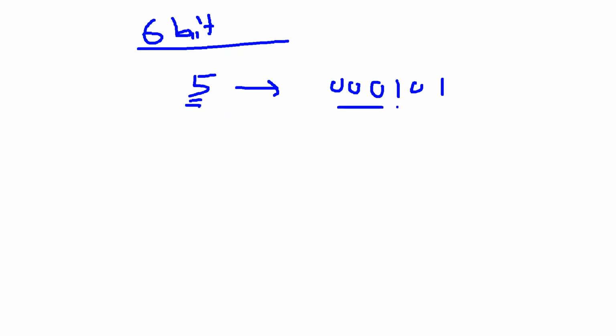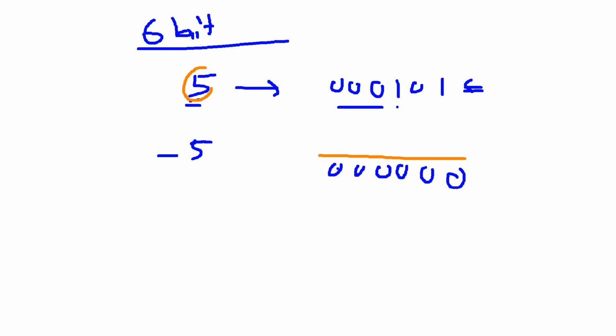If I want to write down -5, what should I do? Of course, I should write the binary code for 5 first, right? And then find some number that added to this one gives the result of 0, 0, 0, right?